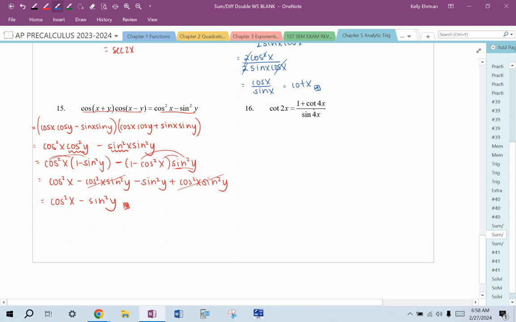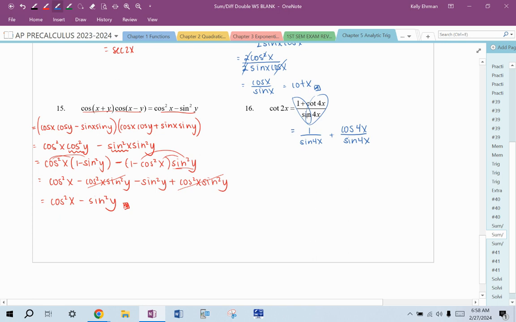Okay, what about this side? I think we should start maybe on the right side. It's got higher angles, and we don't have a rule for cotangent, so let's start. Let's start by using our heart method here and see what cancels out. So we get 1 over sine of 4x plus, let's change this to cosine of 4x over sine of 4x.